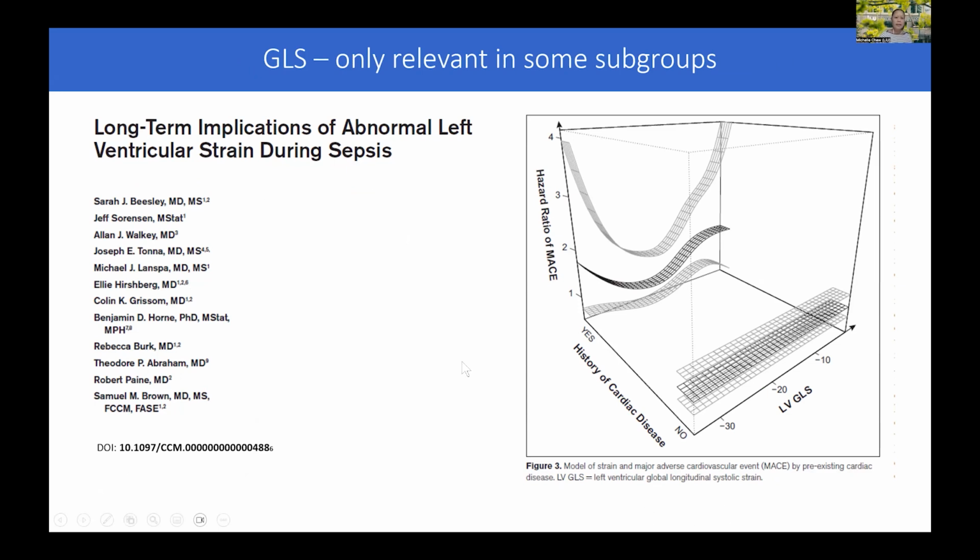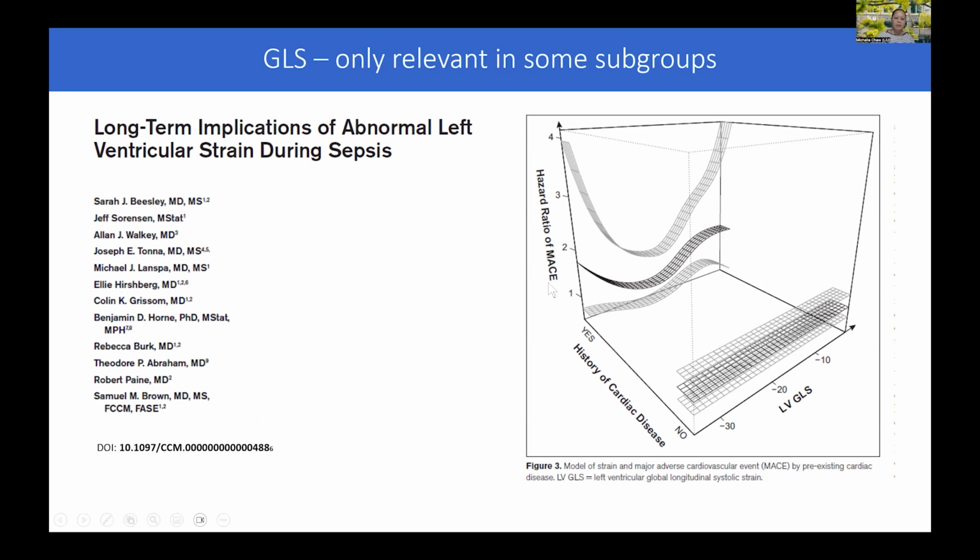So this is, again, another study with left ventricular strain, but not predicting mortality as the outcome, but major adverse cardiovascular events. Now, I like this paper very much because you could question whether or not mortality is a relevant outcome when we're examining echocardiographic parameters.